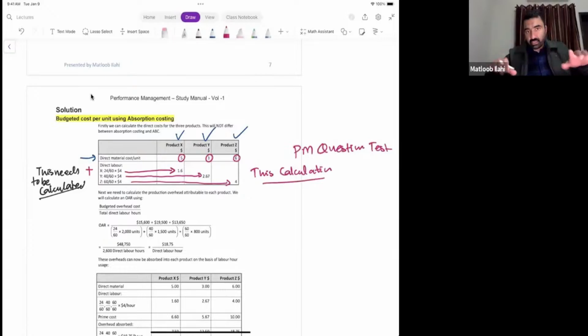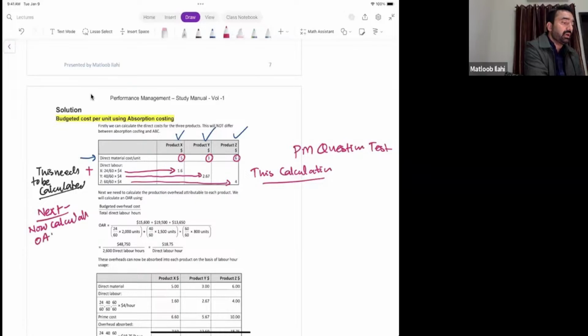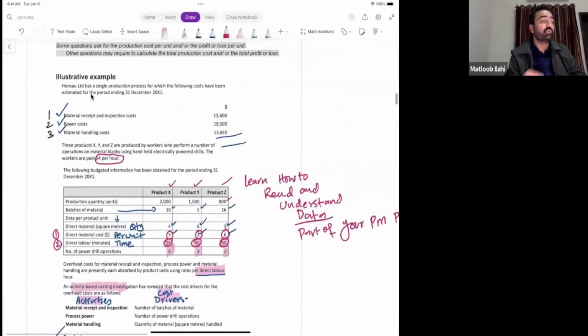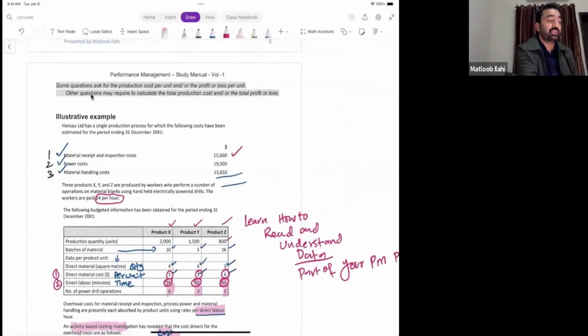Okay, once this is done, next, now calculate OAR using direct overhead cost. You need to sum up this 15,600, 19,500, and 13,650. So the total of this, can you please do total?